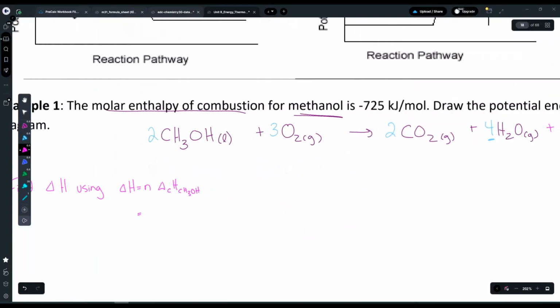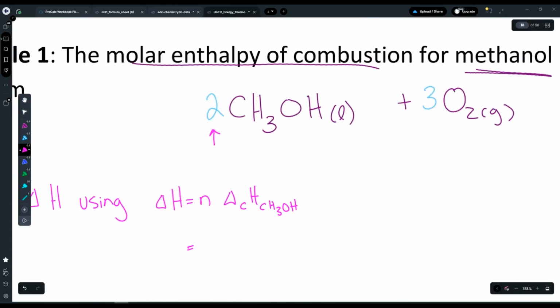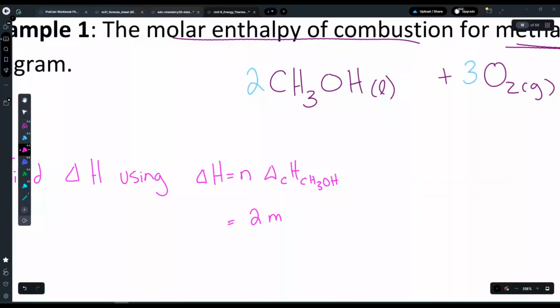Okay, now since we weren't given a specific amount of methanol, the moles is going to come from the coefficient for methanol. The reason why I'm using the coefficient of methanol here is because my molar enthalpy is tied to methanol. So you want to make sure that both of these belong to the same substance. Oh, actually I'm going to use a different color here.